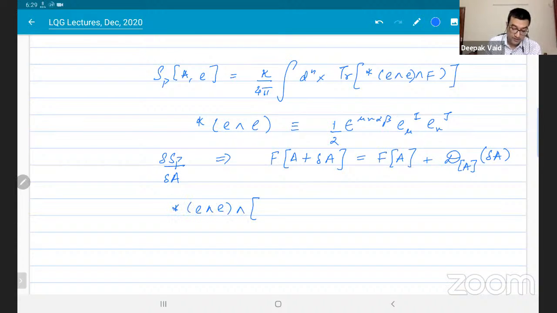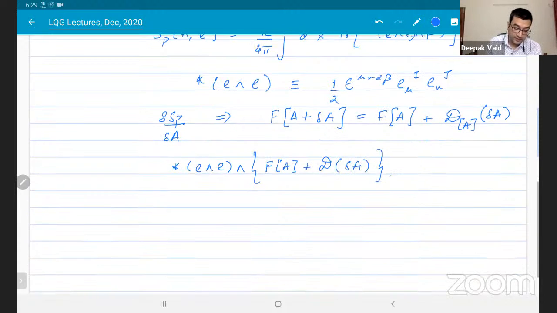So we get the original F plus the derivative of delta A, and our delta S becomes this derivative of delta A, with a trace everywhere.